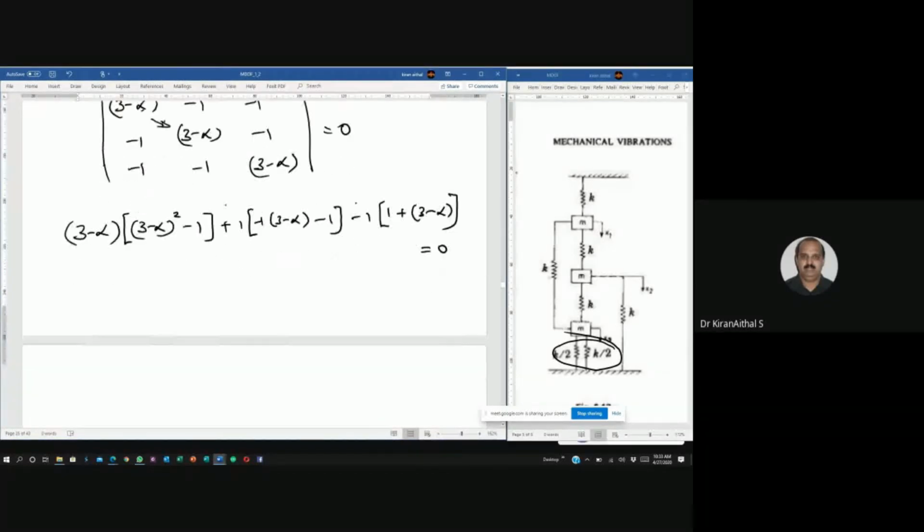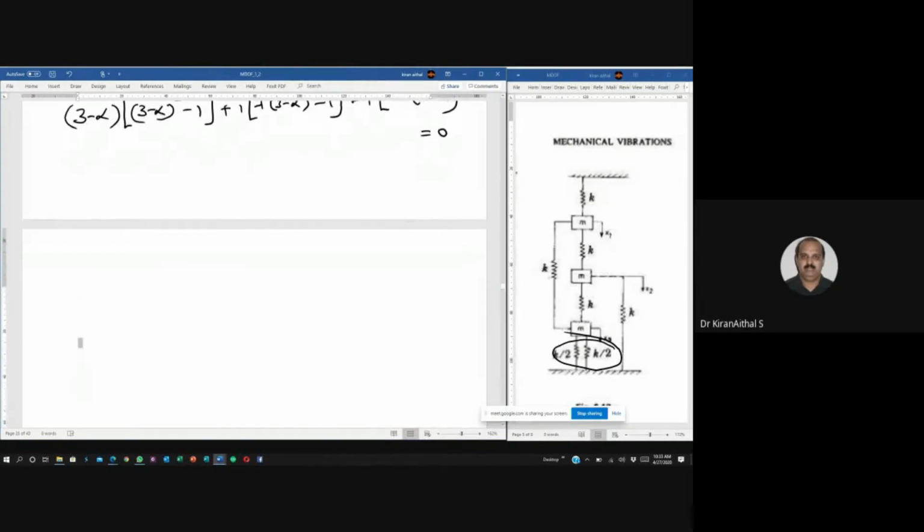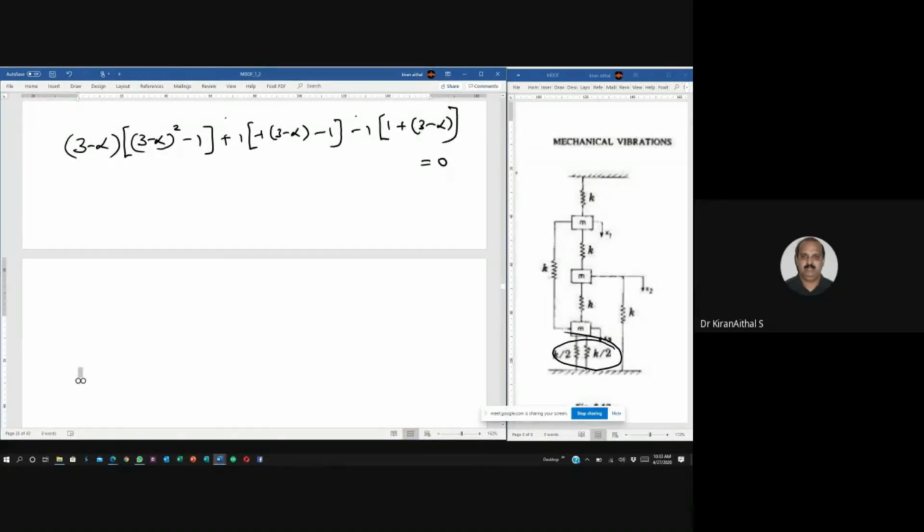Okay, so then if I expand this particular part, okay, let's check it out. 3 minus alpha whole cube minus 3 minus alpha. Correct, first equation.